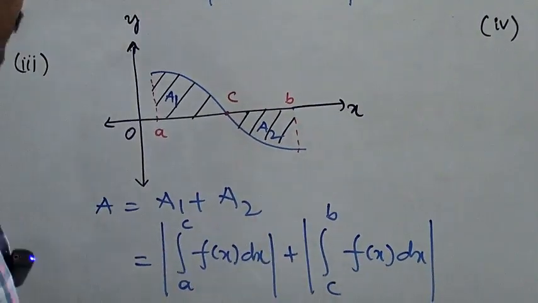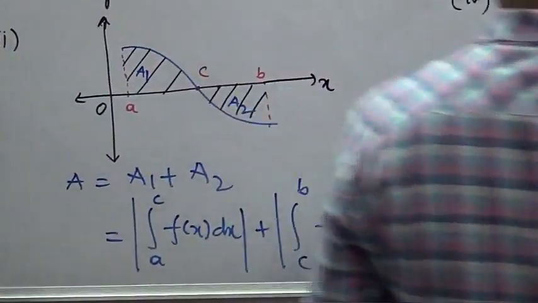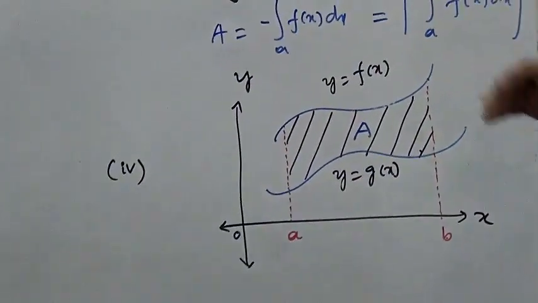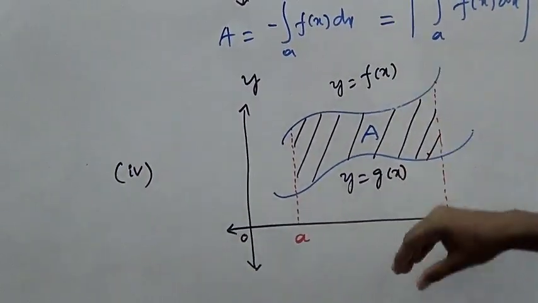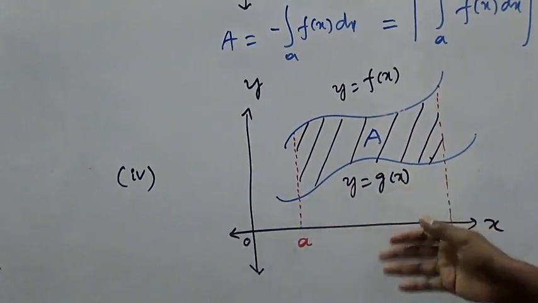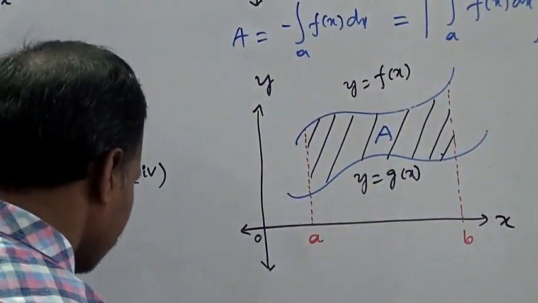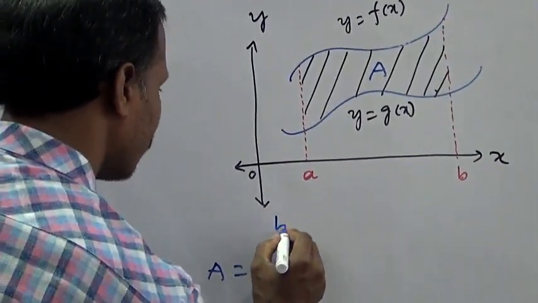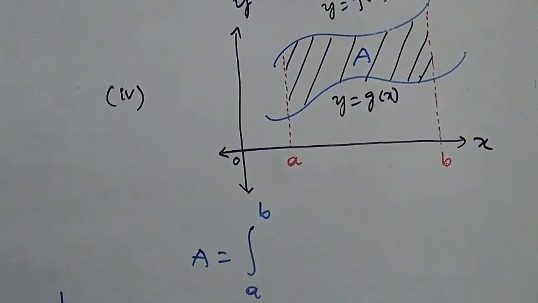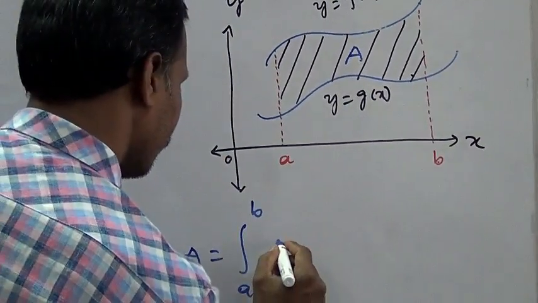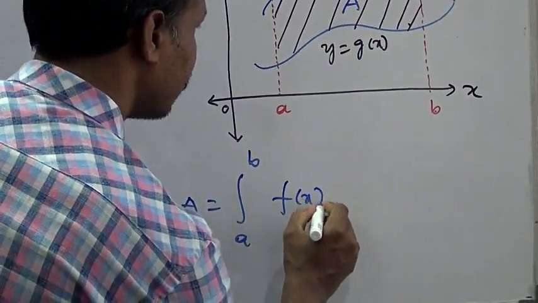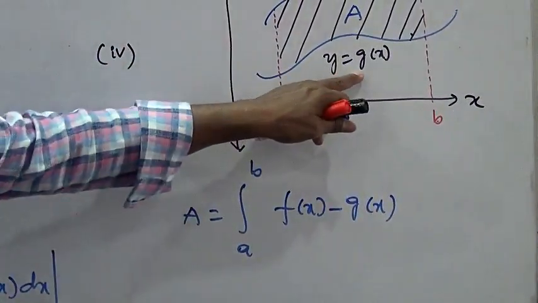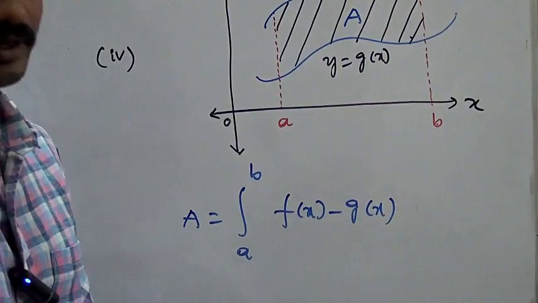Fine. Now coming to here, one curve is above the other curve. So f of x is above g of x. The area of this is A equal to the integral from a to b, with both curves above the x-axis, so no problem, of f of x minus g of x dx, because f of x is above g of x.